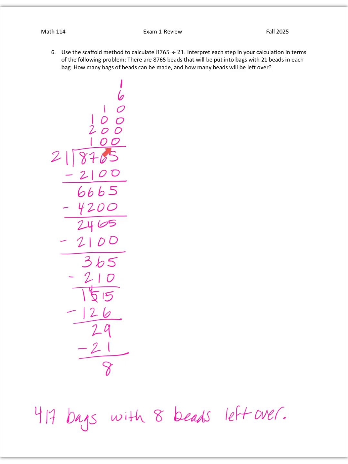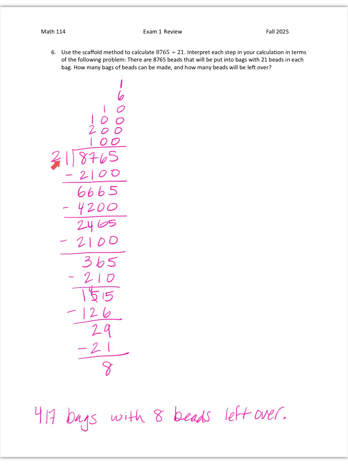I started with 8,765 beads, and I want to make groups of 21. So I'm asking myself, how many groups of 21 can I make? I want to get close to, but not surpass, 8,765 beads.